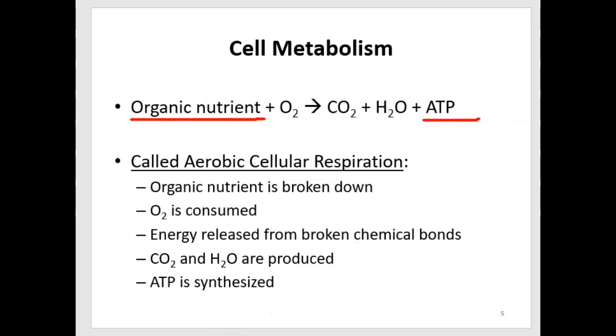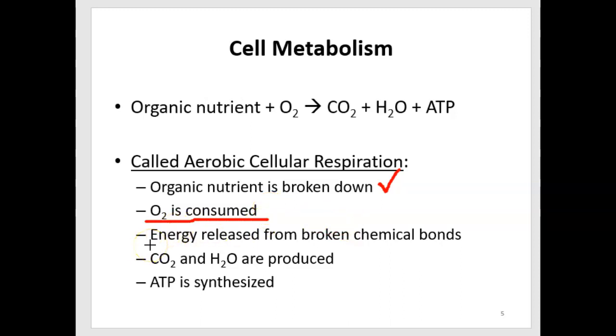Now, our cells function in the presence of oxygen. So these cells have access to oxygen plus the nutrient to make ATP. And the process whereby they do this is called aerobic cellular respiration. So in this case, when the organic nutrient is broken down, the oxygen is consumed, which doesn't necessarily mean it's broken apart, but it's going to be changed in some way.